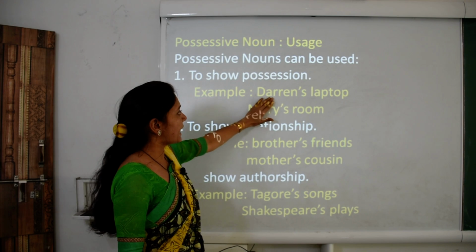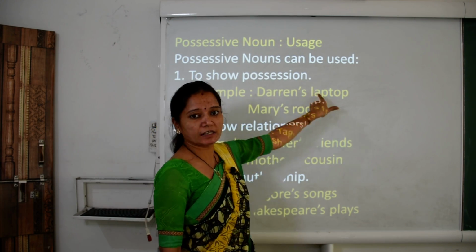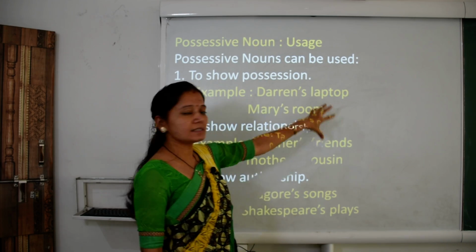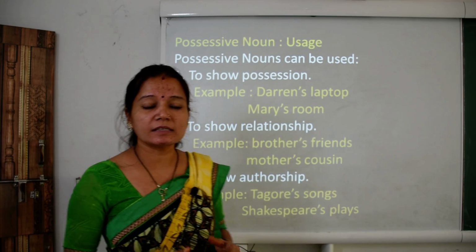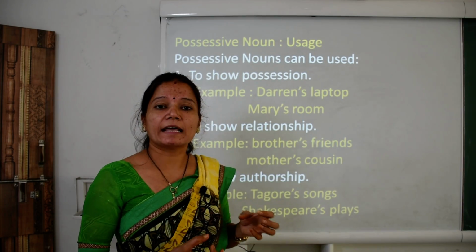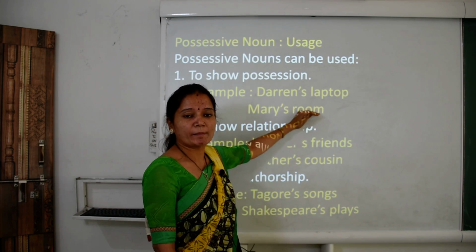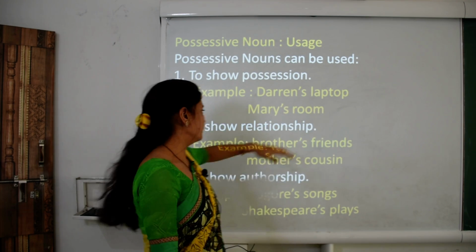Let's see the example. Darren's laptop. So here we used apostrophe s with the noun. Okay, Darren's laptop. So it means that laptop is Darren's. Darren is the owner of that laptop. Mary's room. Okay, Mary is the owner of that room.